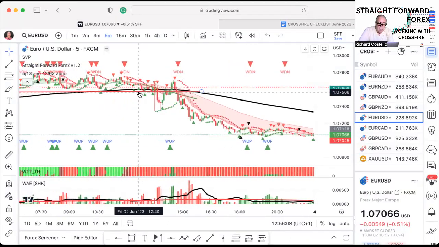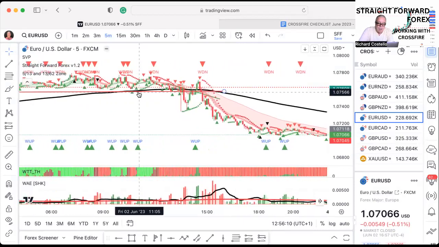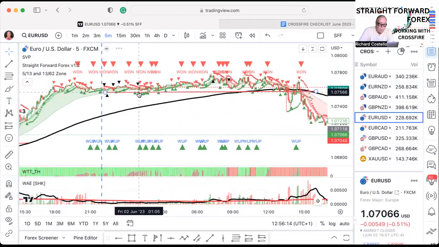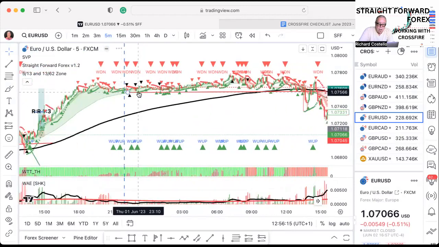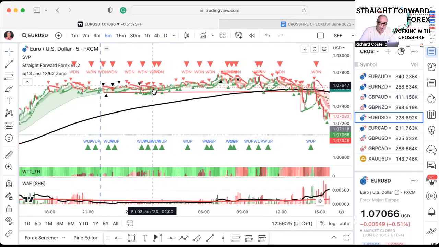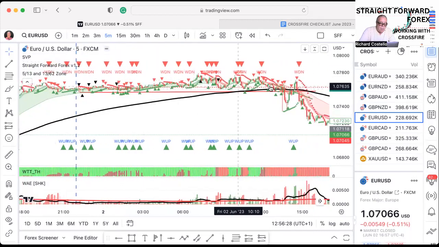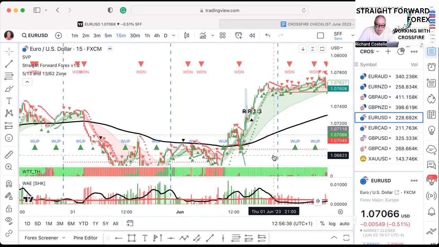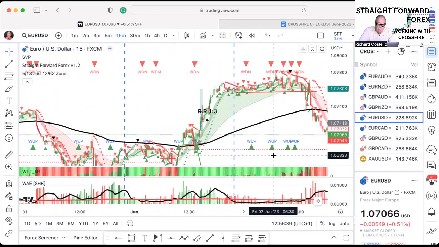Let me see what I can find. Yeah, I've got SVP on, which is session volume profile. That allows me, I'll go to the 15-minute chart again, and this red dashed line is an outstanding point of control.